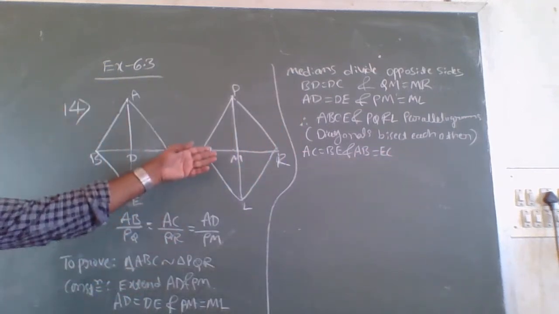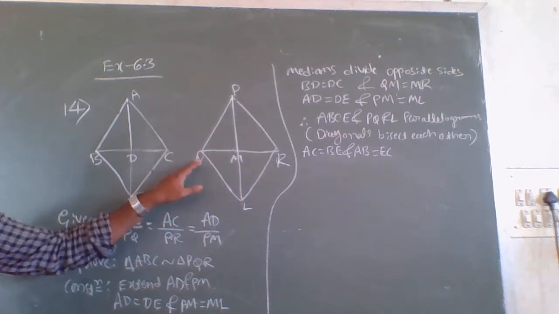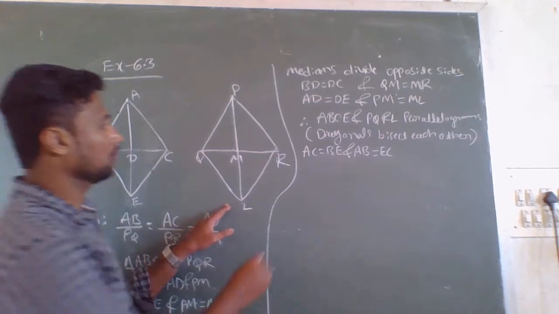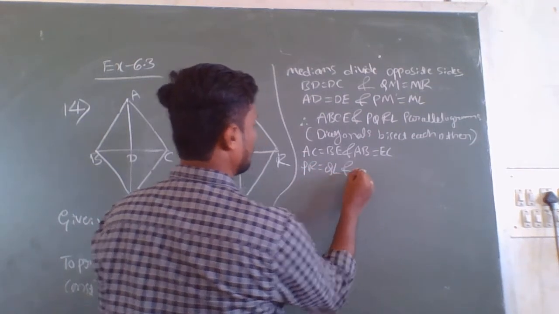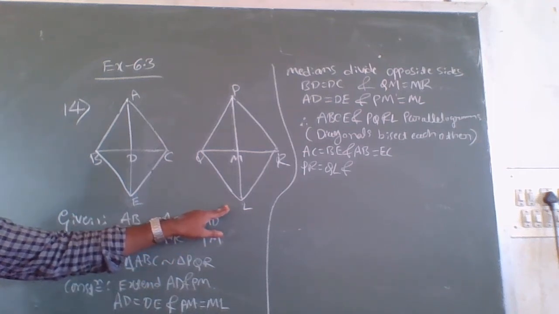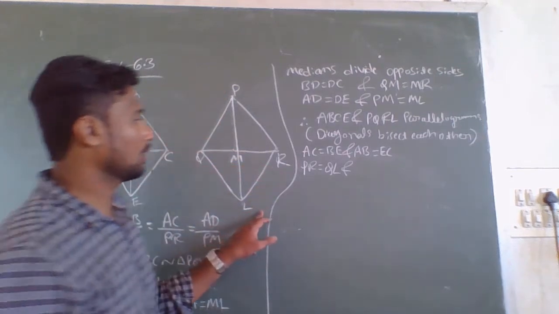Like this only here also. What can you write? PR is equal to QL, and PQ is equal to RL.